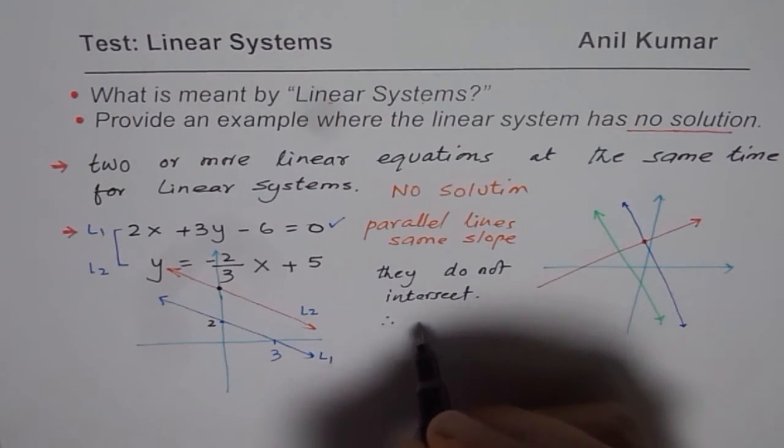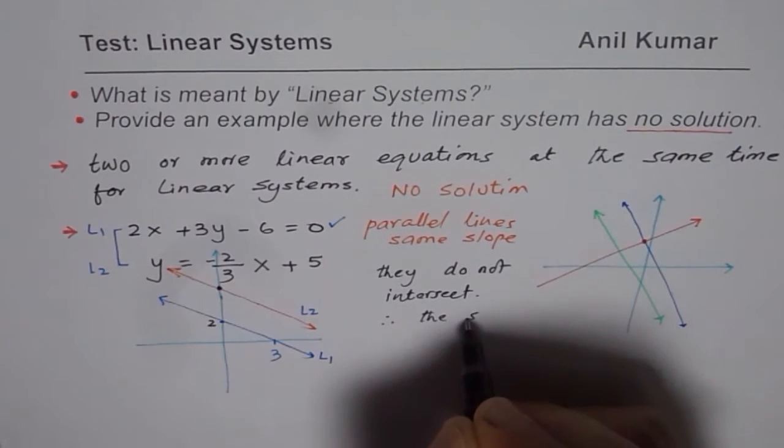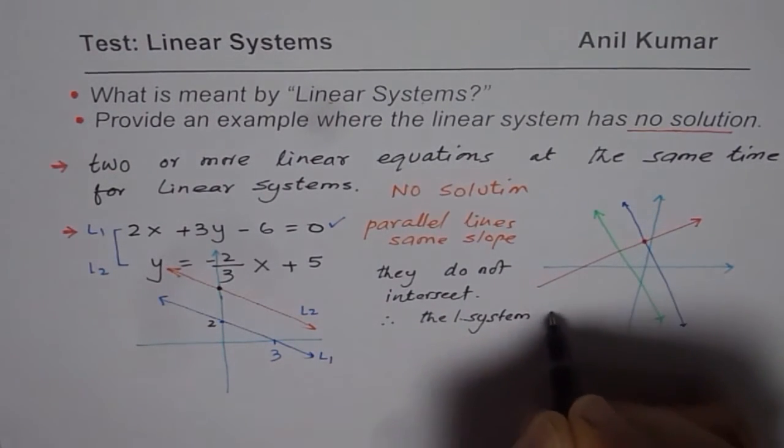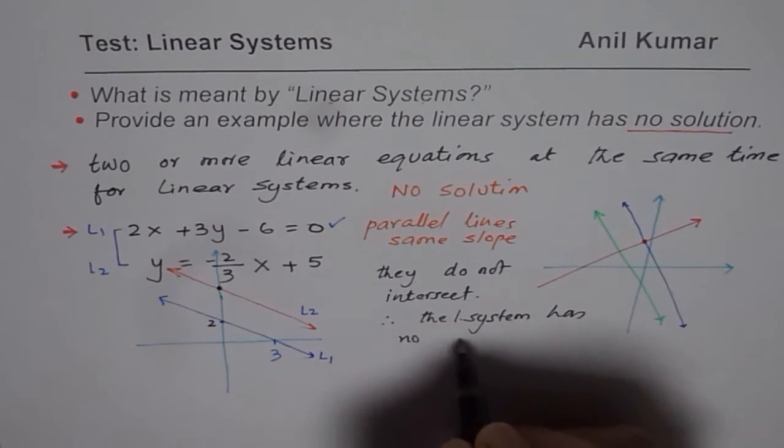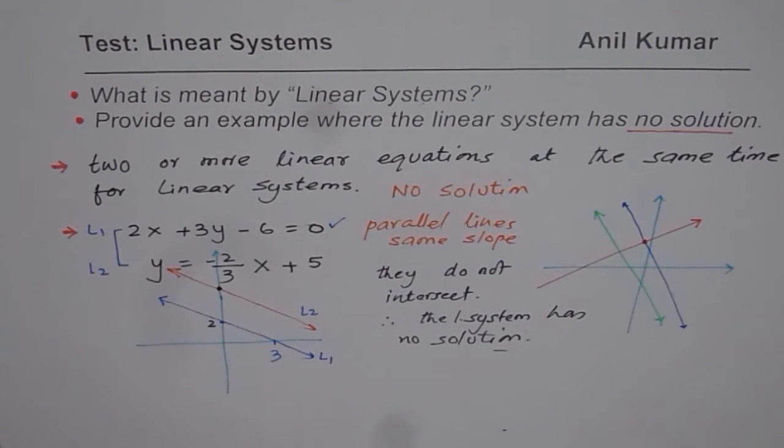Therefore, the linear system has no solution. So solution of a linear system really means the point of intersection, or a point which is common to both lines. I hope you understand. So that is how you can explain and provide an example about a linear system. I hope that helps. Thank you and all the best.